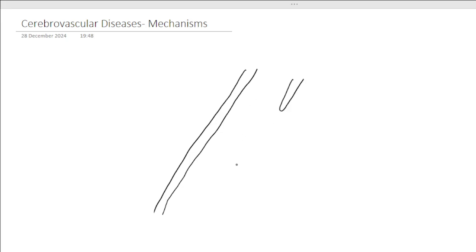Cerebrovascular diseases can be defined as those in which brain disease occurs secondary to the pathological disorder of blood vessels. We are going to discuss in much detail later, but just to make you understand the reason, it will be easy.